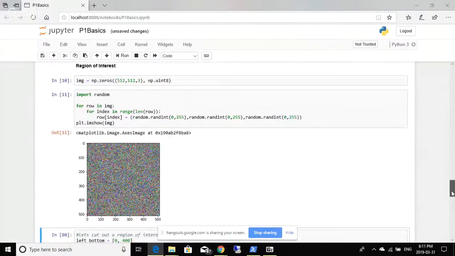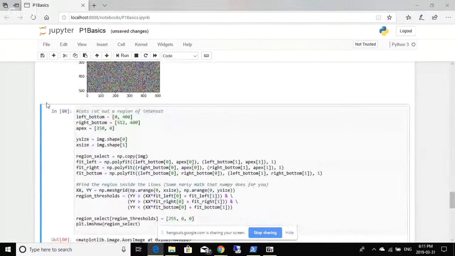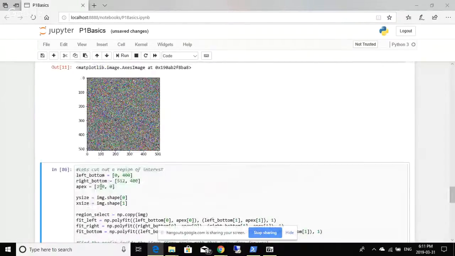Okay. So let's cut the region of interest, starting from left bottom, which actually is, let's see. So you can see actually it starts from X and Y. Y actually starts from the top at 0, right? So this left bottom will be here, right bottom, top, bottom.